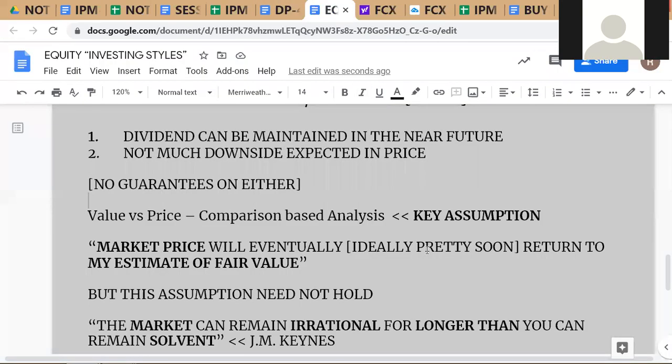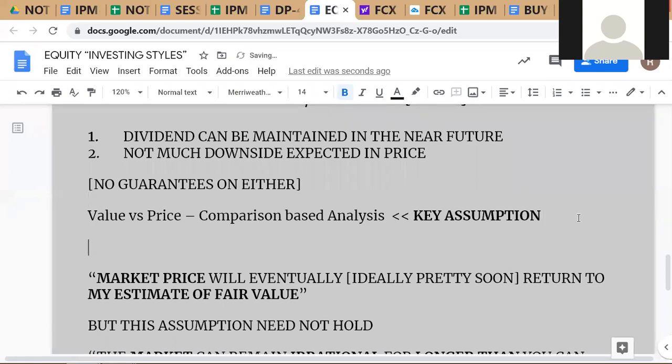Okay, let me explain this theoretically here. Let me write down the theoretical definition of the critical assumption here, key assumption, which is that, not very elegant writing, but let me just write it anyway.